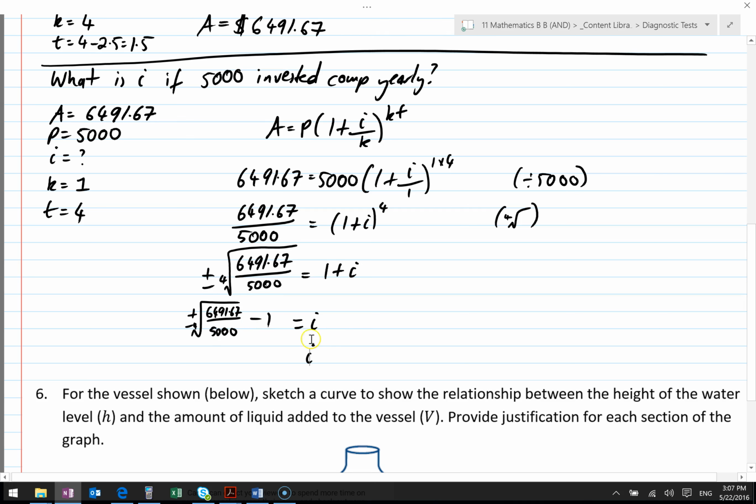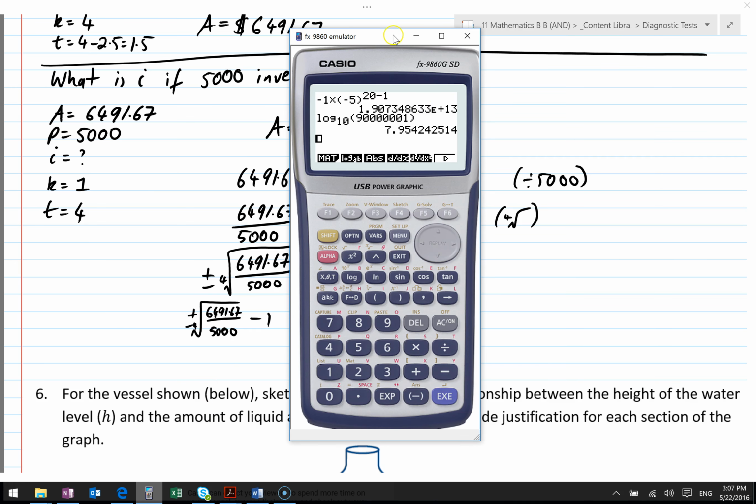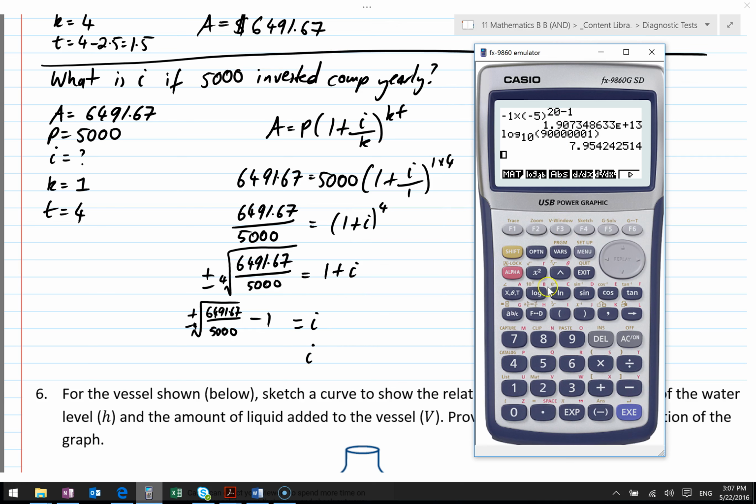Okay, I'll go to my calculator. I'm never going to put this plus or minus sign into my calculator. I'll just find what the fourth root of all of this over 5,000, minus 1 is.